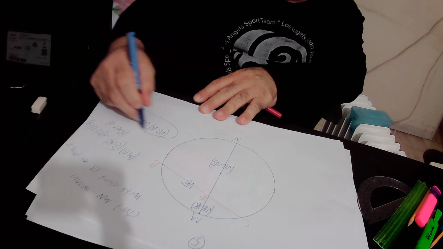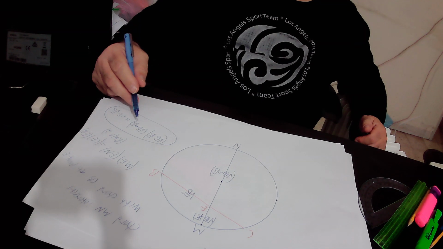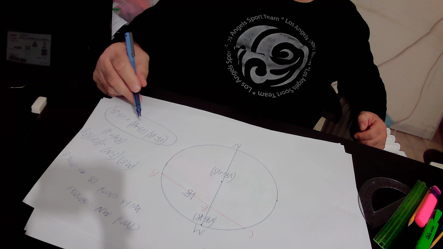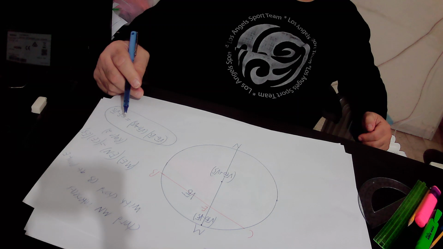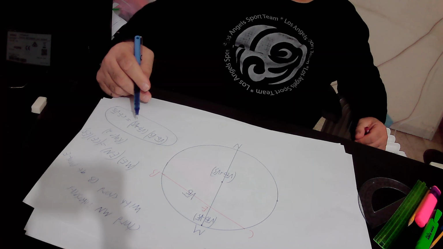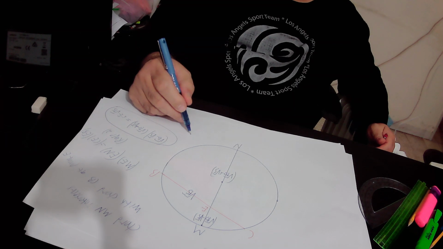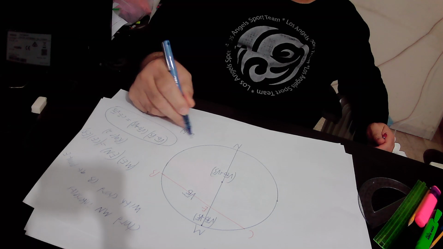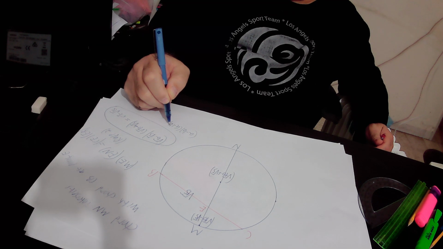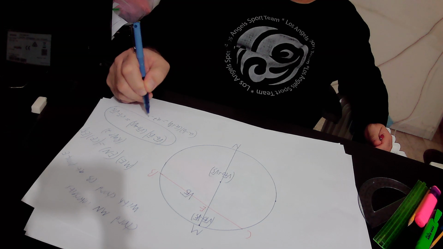Okay, so here, square root of 10 plus square root of 5 times square root of 10 minus square root of 5, we'll find out the value of this expression according to the identity that A minus B times A plus B equals A squared minus B squared.